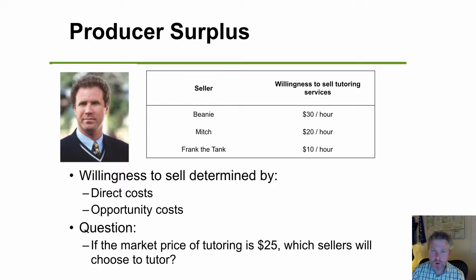Well, Mitch is going to tutor because he's getting more than his willingness to sell, and Frank the Tank is going to tutor because he's getting paid more than his willingness. Beanie, however, would not. He will only do it for $30 or more.